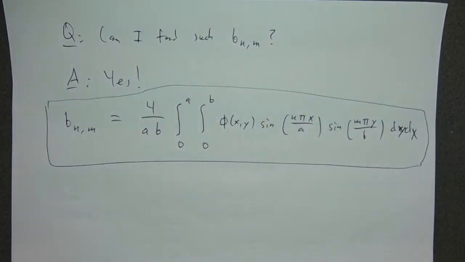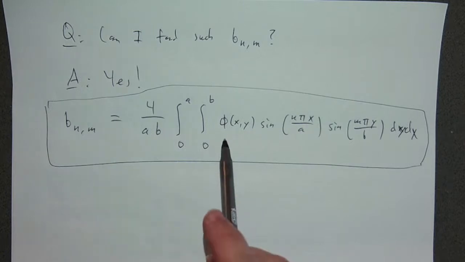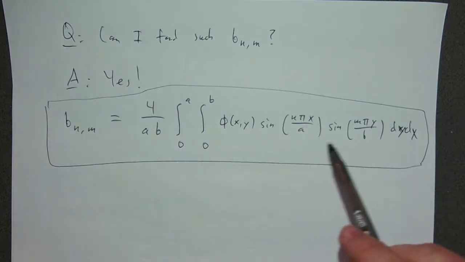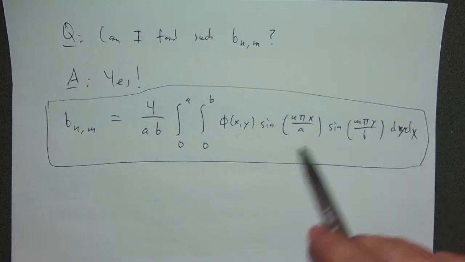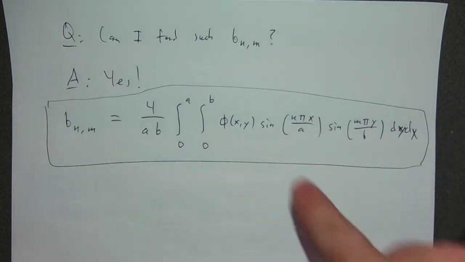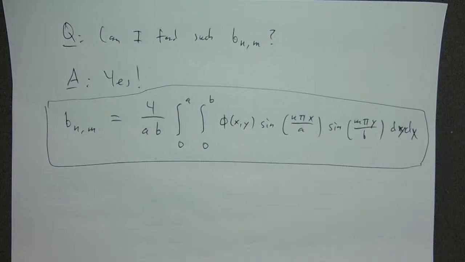So note here, what we have found is asking whether or not this function phi of xy can be written as a linear combination of these products of sines. It turns out that these products of sines have orthogonality properties and are orthogonal bases in the same way.